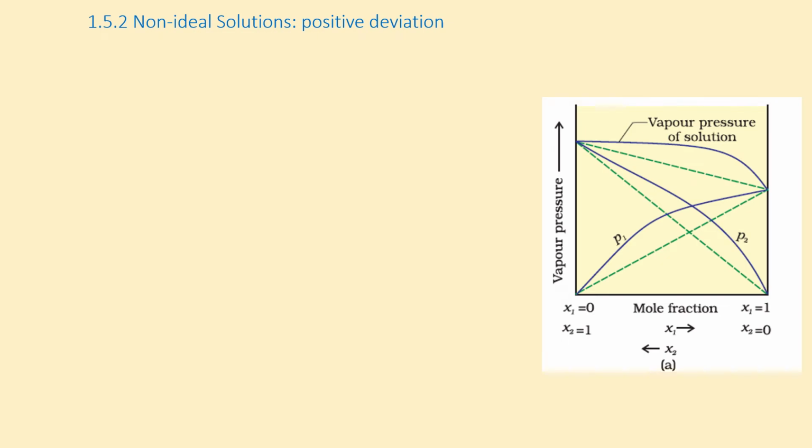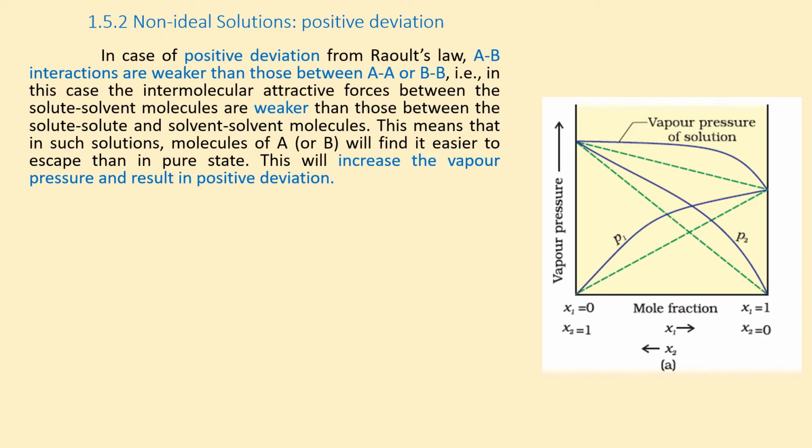Non-ideal solutions, positive deviation. In case of positive deviation from Raoult's law, A-B interactions are weaker than those between A-A or B-B. That is, the intermolecular attractive forces between the solute-solvent molecules are weaker than those between the solute-solute and solvent-solvent molecules.